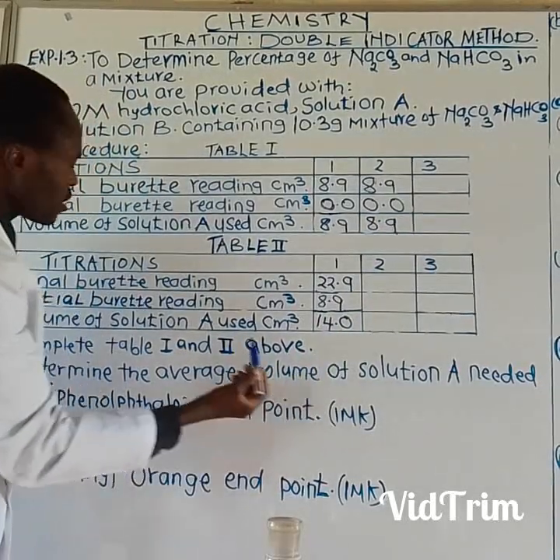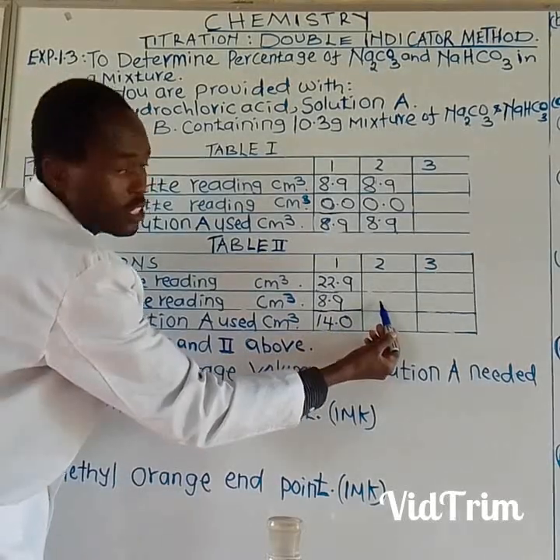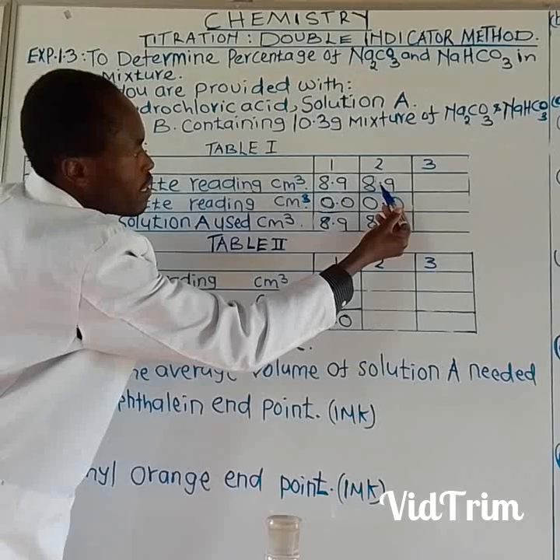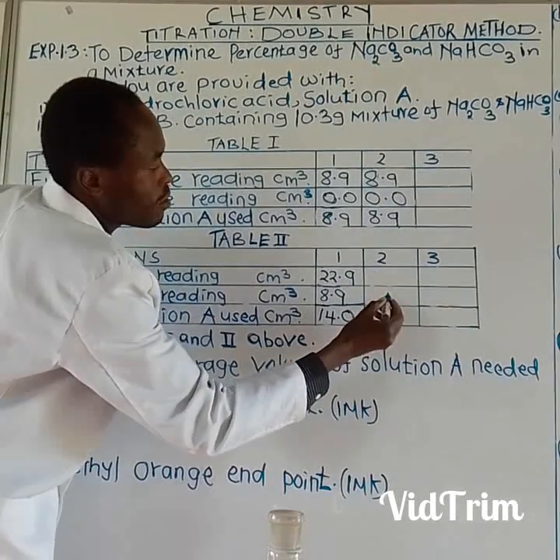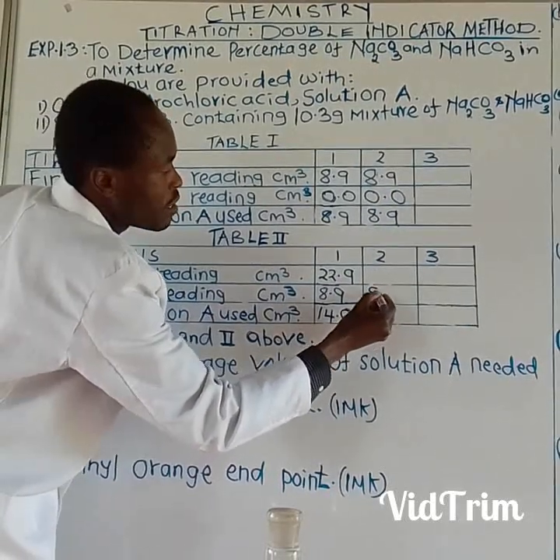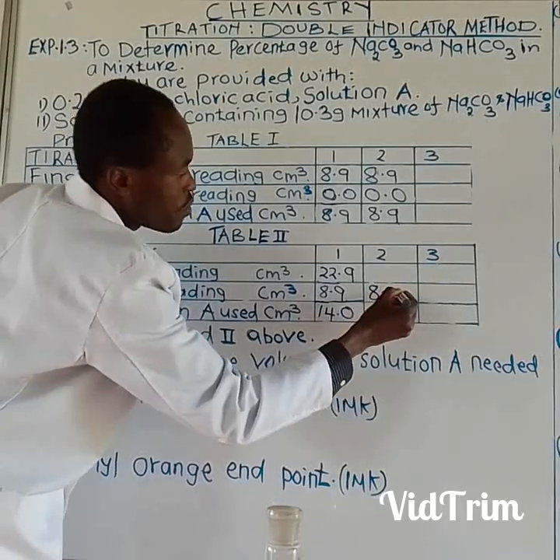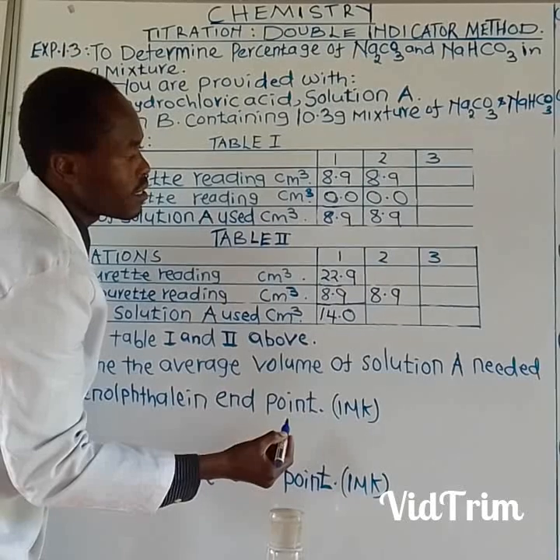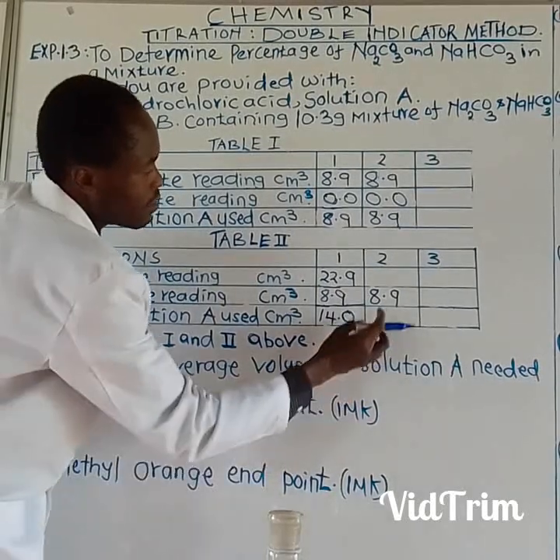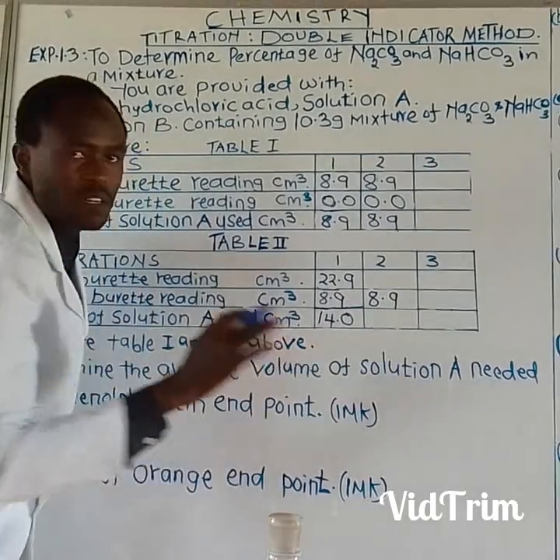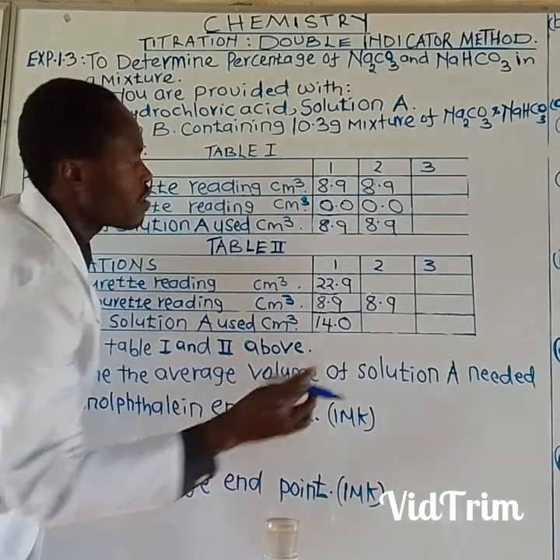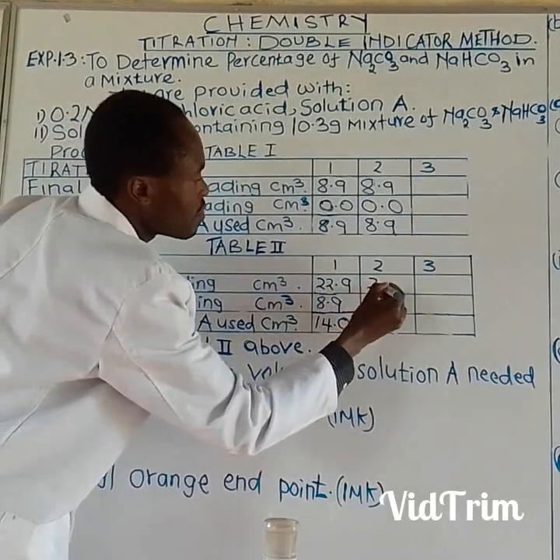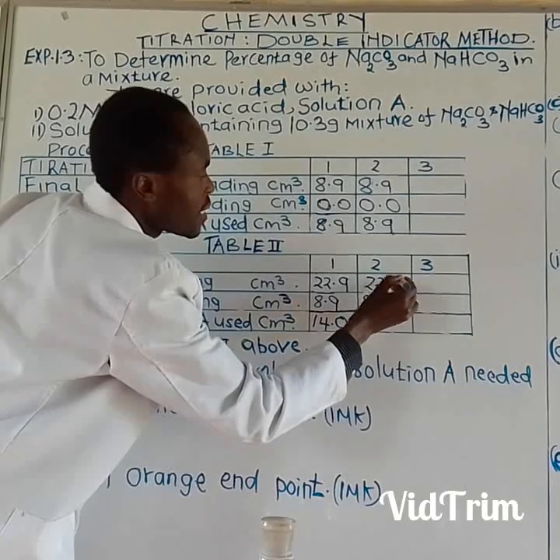Then for table 2, titration 2, we said that the final value in table 1 becomes our initial value in table 2. 8.9 is our initial. Then if you titrate from 8.9 using methyl orange, if you are very careful, you will land on the same 22.9.